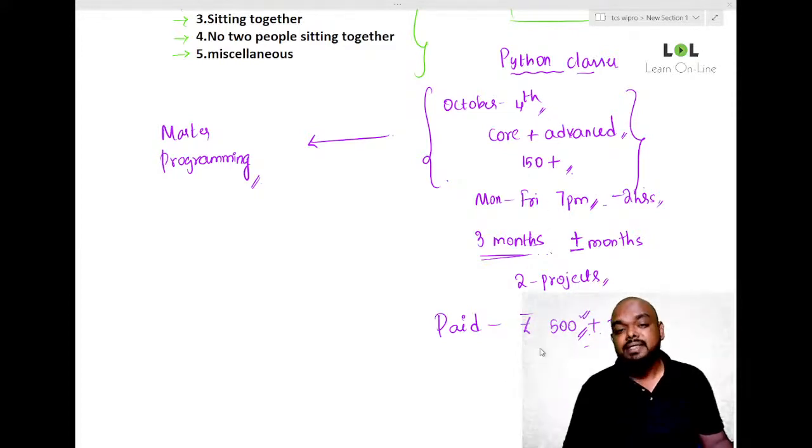So this is the complete detail, and my sincere request to you: please share among your friends. I will send the photo of the details on WhatsApp, Telegram, as well as in the app. Please share them among your friends, and if you can put it as a status in your WhatsApp for a day, that would be a great help from your side, people.